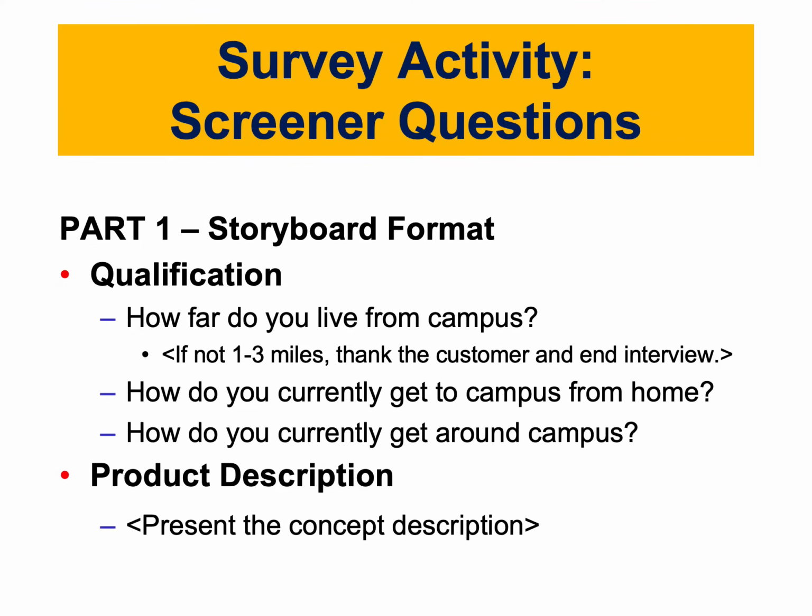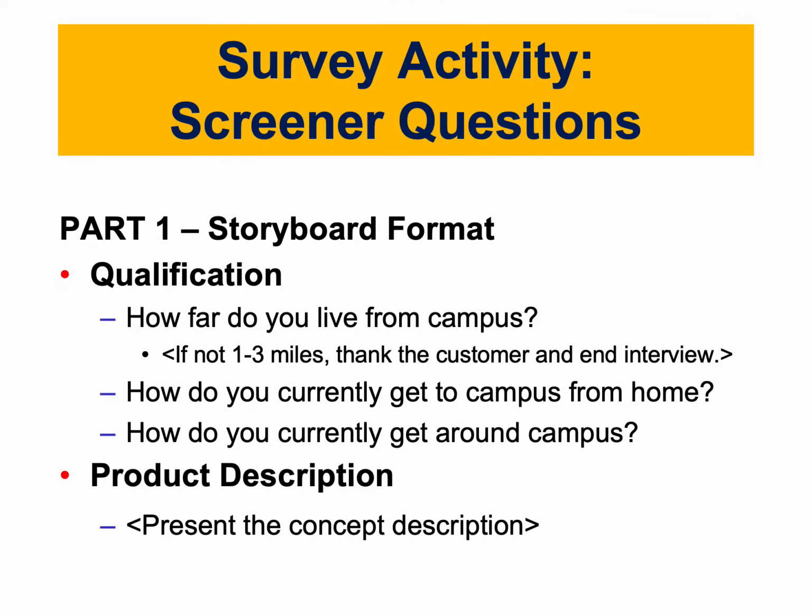As examples of those, we need to find the qualification of the people who are filling our survey. Are they going to buy it or not? So we can ask them, how far do you live from campus? If not 1 to 3 miles, thank the customer and end the interview. This is very important because we need to identify exactly who will be buying our scooter, if your segment is college students who are going to use it to commute between the college and their place of residence.